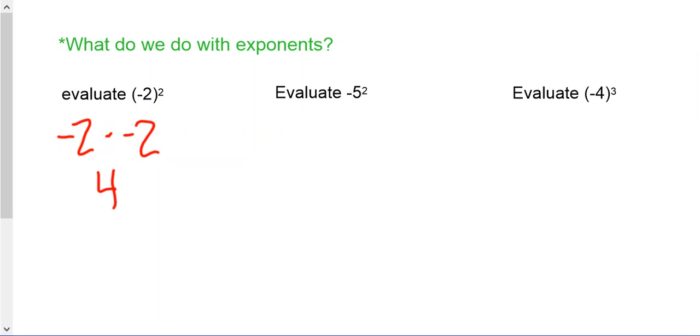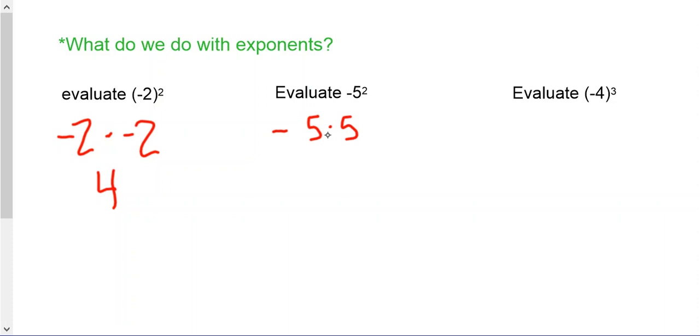Now, number 2, we have negative 5 squared. There's no parentheses, so that exponent only applies to that 5. So we have a negative out here, and then we have 5 times 5.